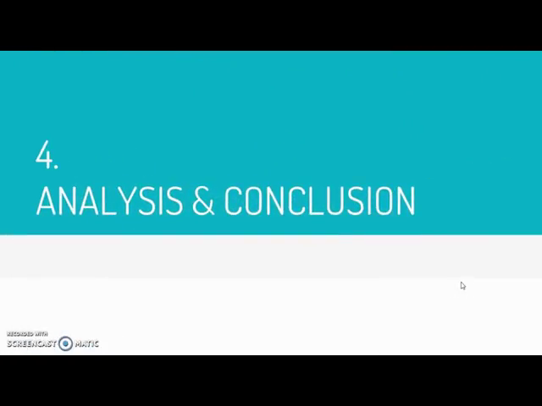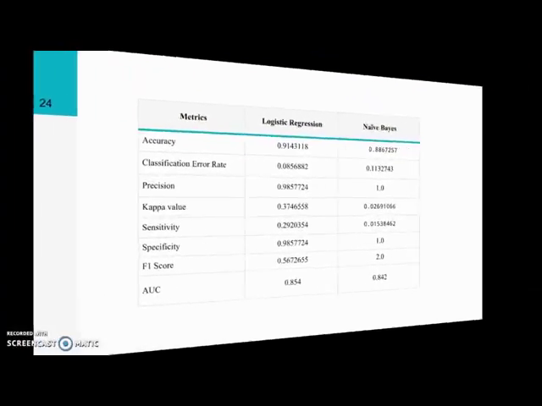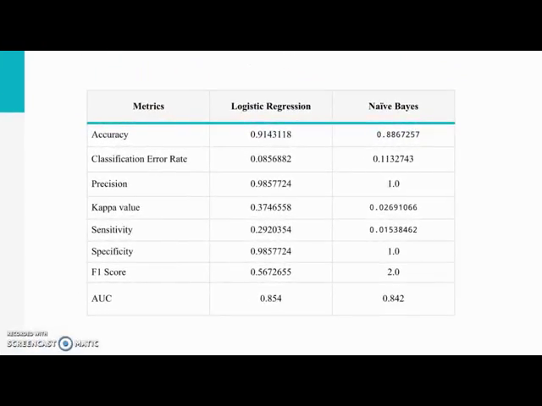Now, analysis and conclusion. So, this table is the result that we obtained from both models that we have done, logistic regression and naive Bayes. This table is used to compare which model is better in predicting the target variable.